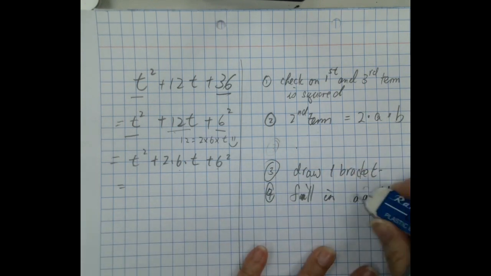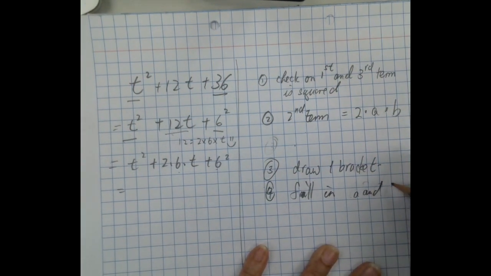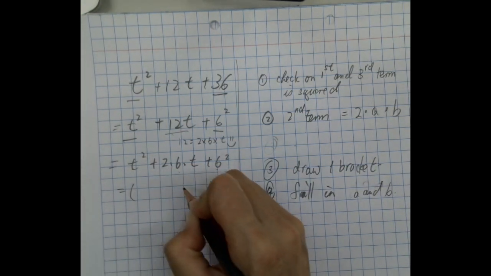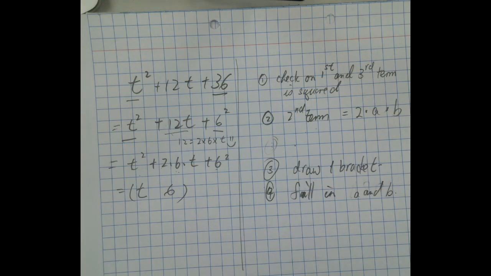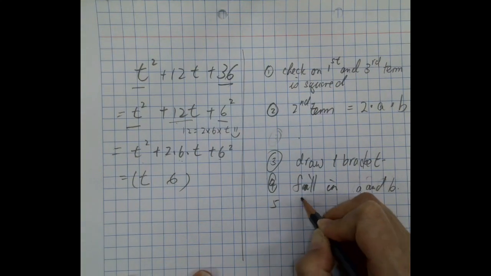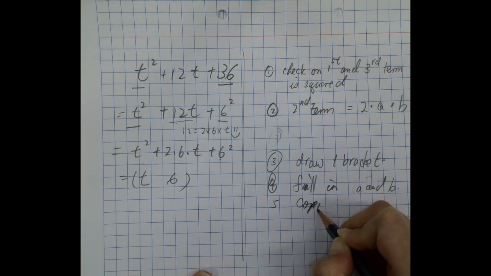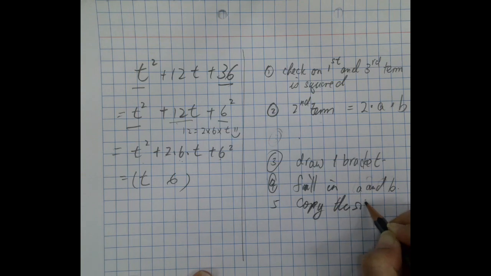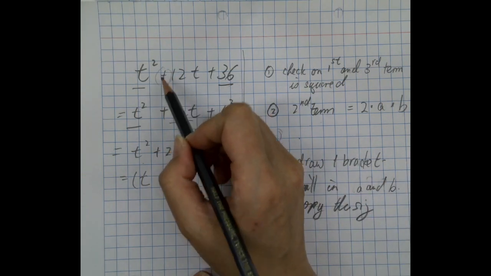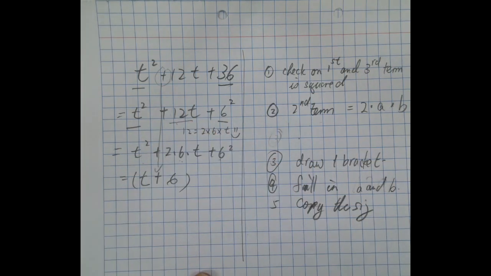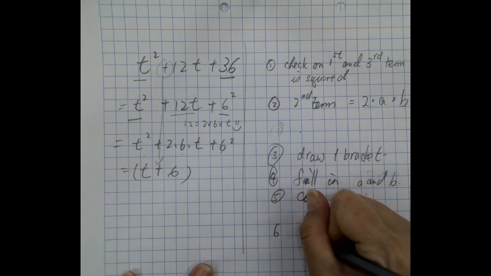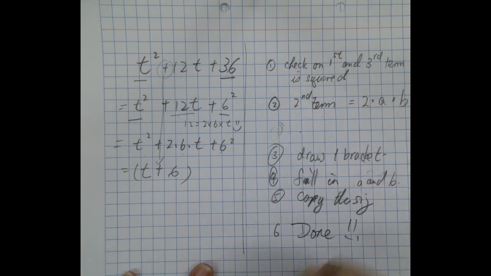So we have a bracket with our a and b, t and 6. Then copy the sign. Where do we copy from? Copy from the top, the middle one, go down right here. Then it's done. Piece of cake.